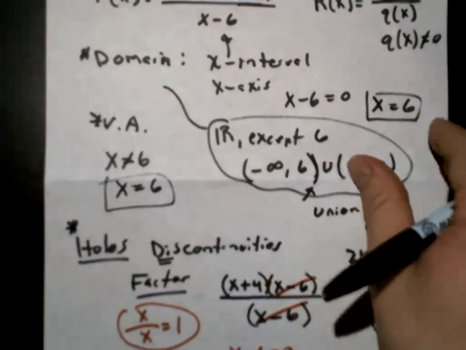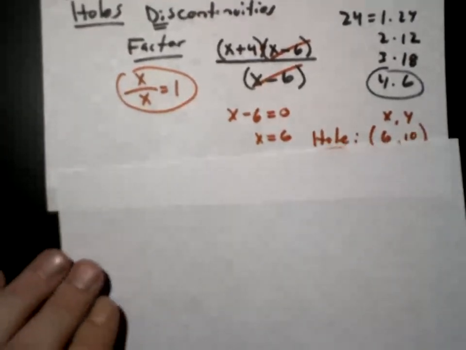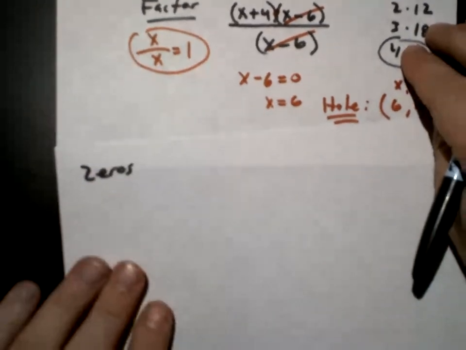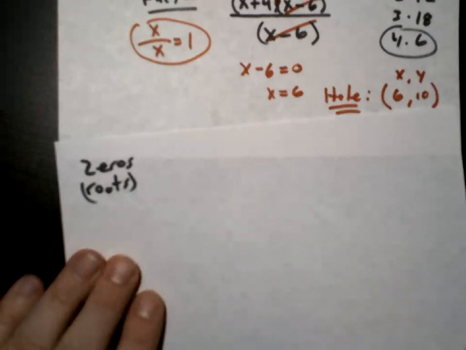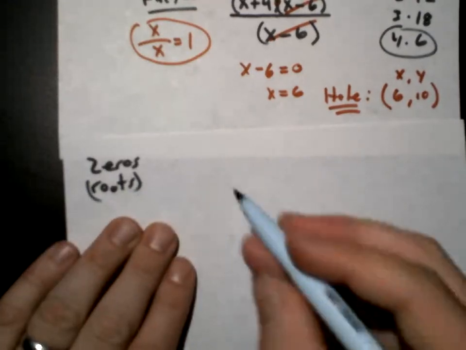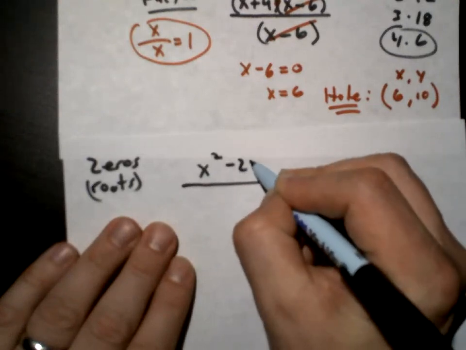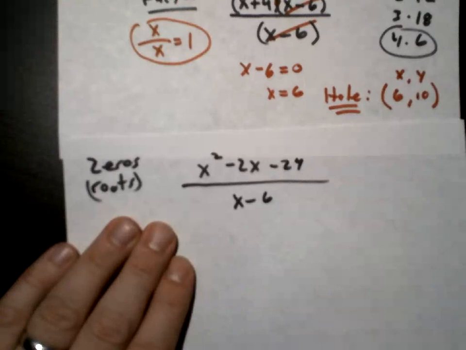Let's go and find one more aspect to this. So this aspect is, what if I find the zeros? Now, the zeros are kind of like roots or solutions. Where do those happen? If you don't mind, I'm going to rewrite this because we can see it. So this is what our problem looks like.